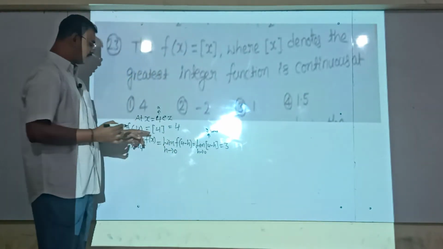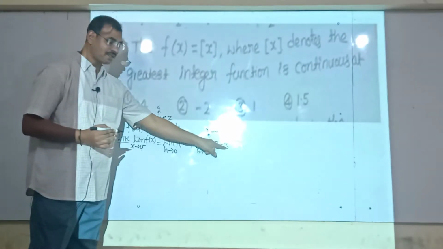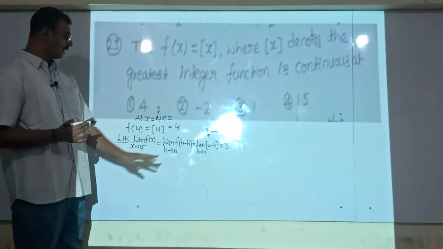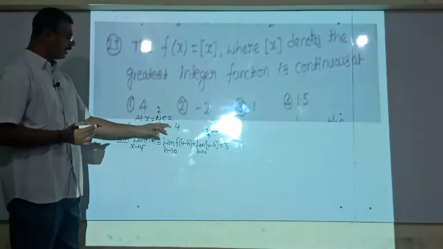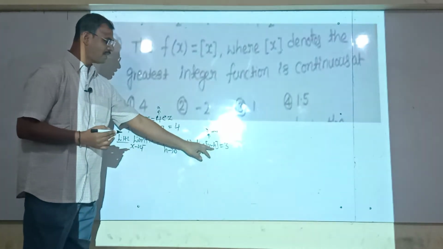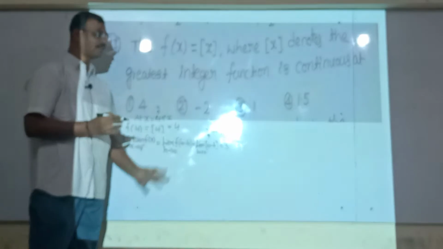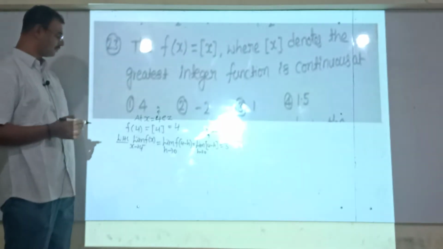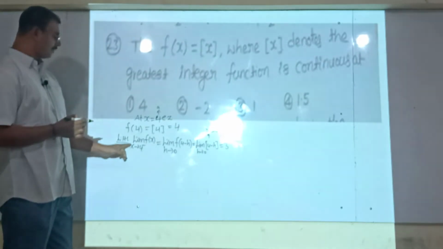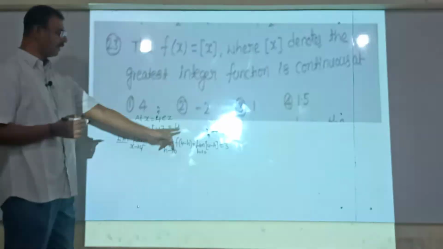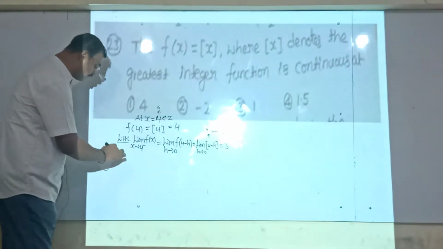Clear? So actually it is one number less, 4 minus 1. Suppose you take a: the greatest integer of (a minus h) is a minus 1. So for the left hand limit we got 3.